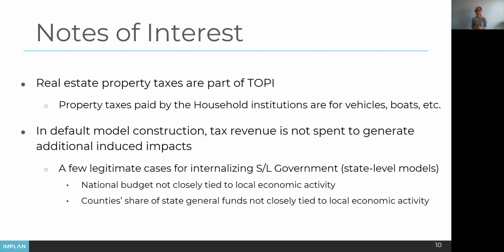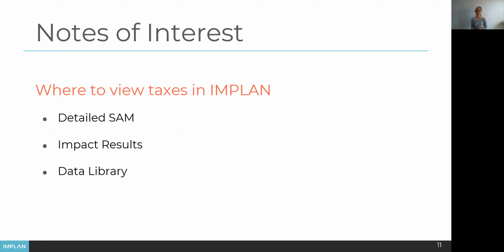Just to clarify, what I mean by internalizing an institution is that you're allowing any revenue that it earns as part of your impact to be re-spent, as government, using one of our government spending patterns. So when you internalize an institution, it is allowed to re-spend whatever it earns as part of the impact, and therefore it generates additional induced impacts in your results. It's not usually justified, which is why the default in IMPLAN is just to have households internalized, but feel free to read that article if that is something of interest to you.